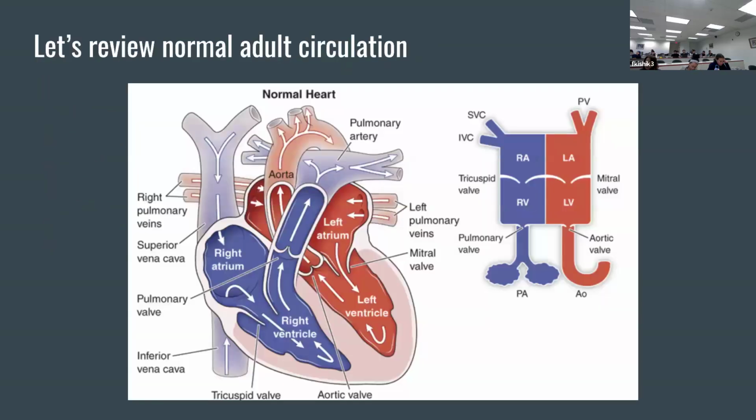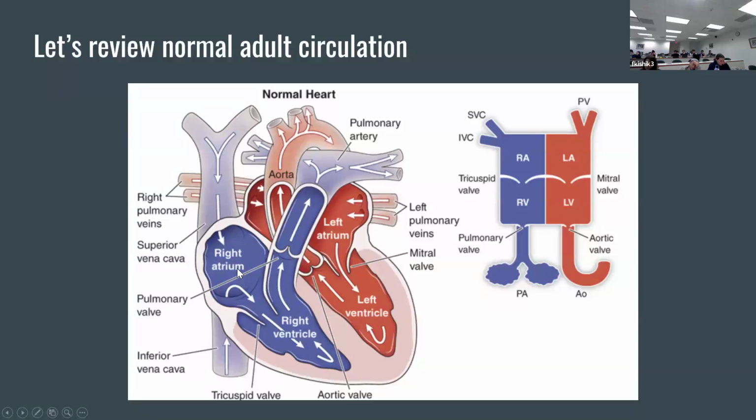Okay, so we're going to review normal adult circulation, which we know already. But just because we're about to flip this whole circulation when we talk about fetal circulation, let's just go through it as a reminder. So we have deoxygenated blood entering the superior and inferior vena cava into the right atrium.